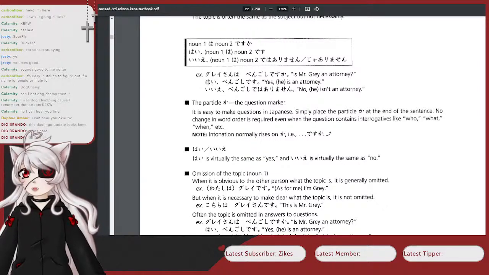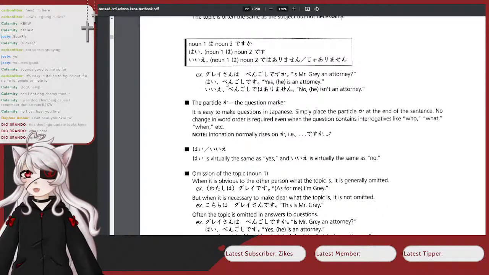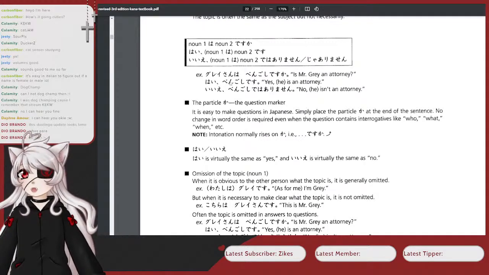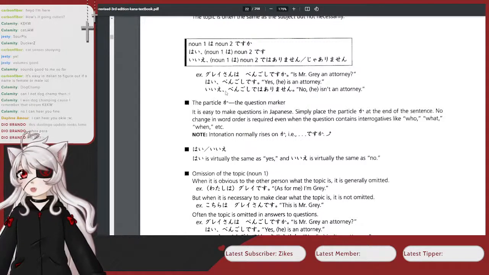You can, but the context already fills in the fact that yes, he is, because you're replying immediately to this person. Same applies to saying no. Iie, bengoshi dewa arimasen. He's not an attorney.